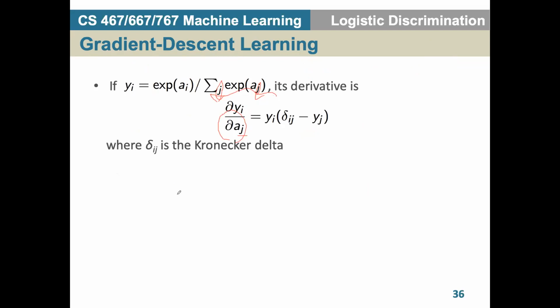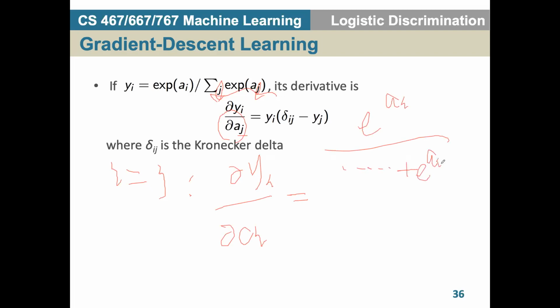The second case is i equal to j. In this case, what you have is y_i divided by a_i, and this is equal to, first, what is y? This is exponential of a_i, and a bunch of constants, plus e^{a_i}, plus a bunch of things.